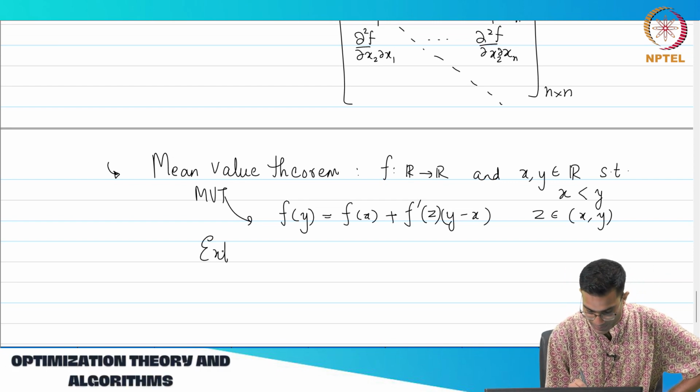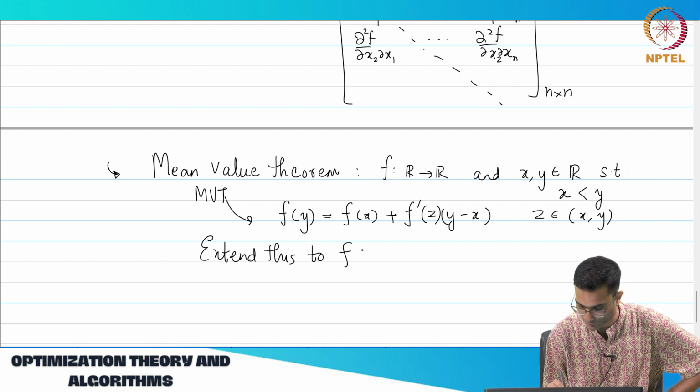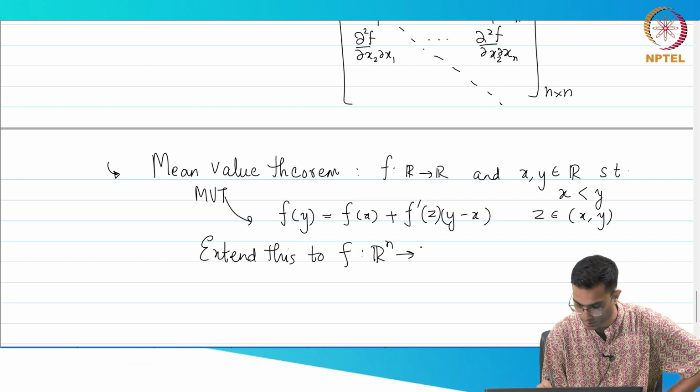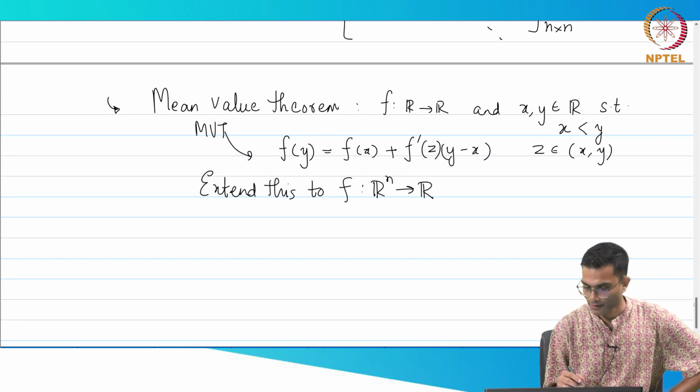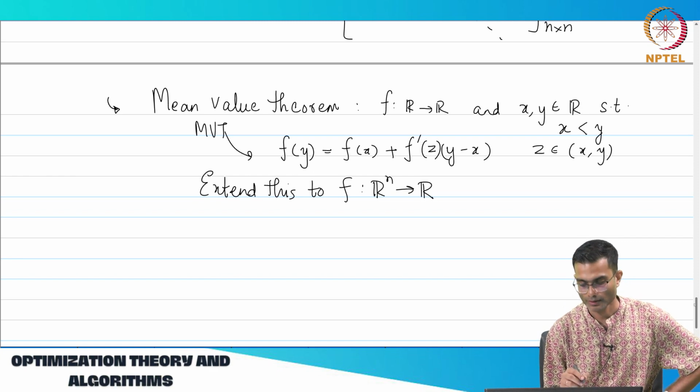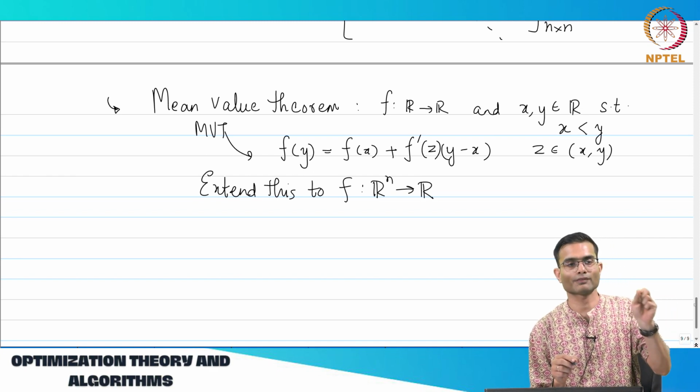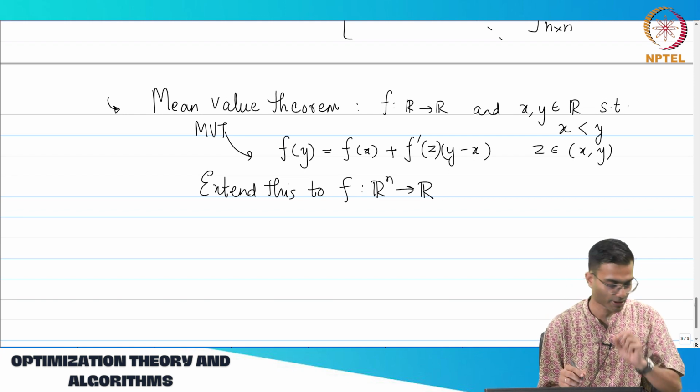Now if I want to extend this to f that is going from Rn to R, y is some point a little further from x. So I'm going to generalize it over there.